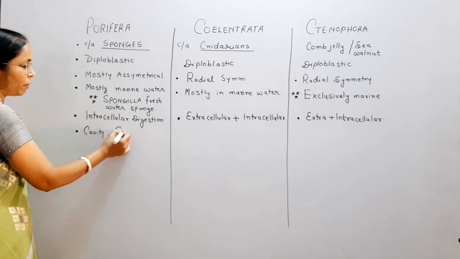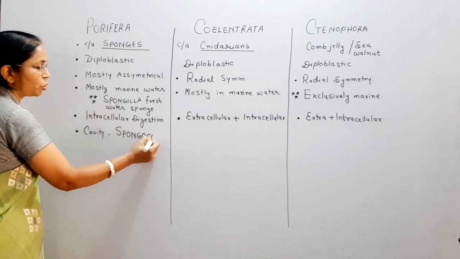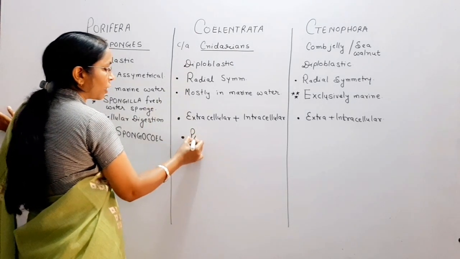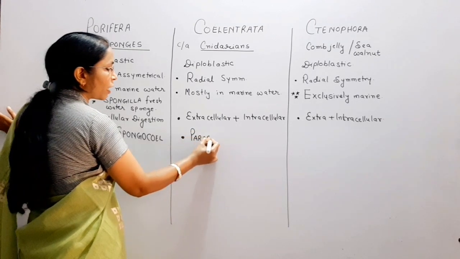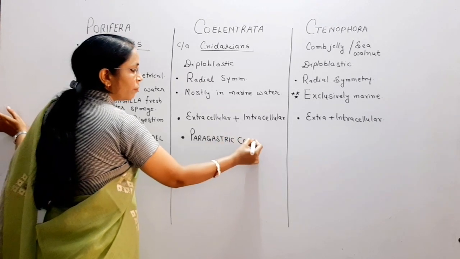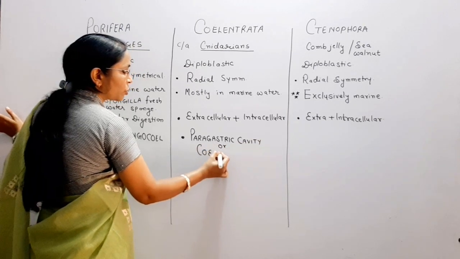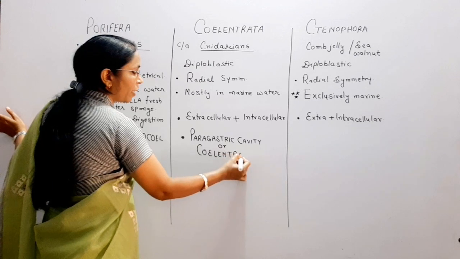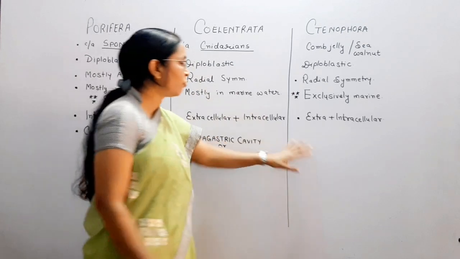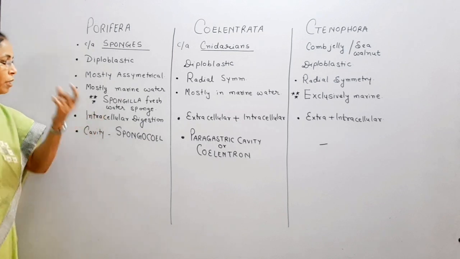In sponges the cavity is commonly called the spongocoel, whereas in coelenterates the cavity is called the paragastric cavity, or commonly the coelenteron. The coelenteron or paragastric cavity is the identifying feature of coelenterates. Ctenophora do not show that kind of feature, so we skip it for Ctenophora.